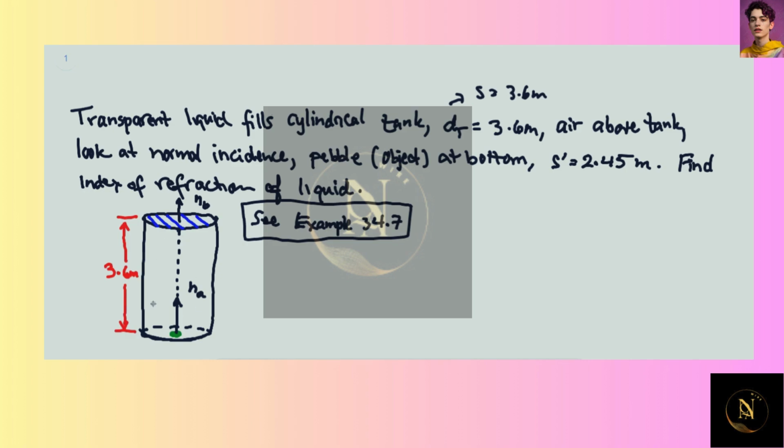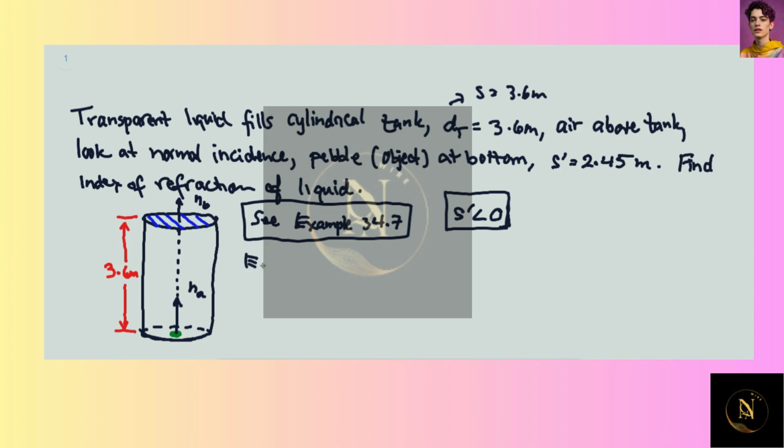Everything in this tank is considered the incoming side, and when the light exits, that's the outgoing side. Since the image is on the incoming side, by the sign convention in section 34.1, S prime is negative. That's important to keep in mind, and if you don't correctly account for this, you will end up with a negative index of refraction. So let's go ahead and solve the problem now that we have some of the bases covered.